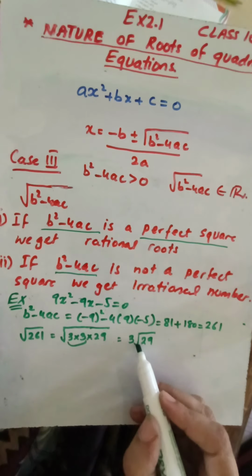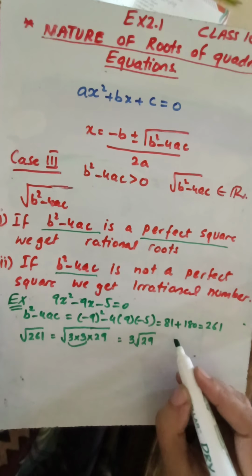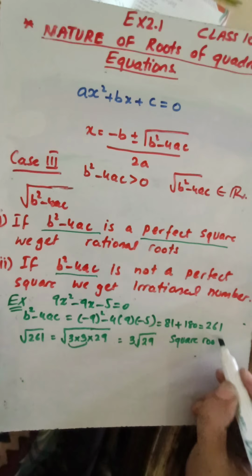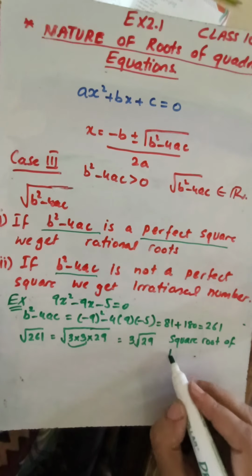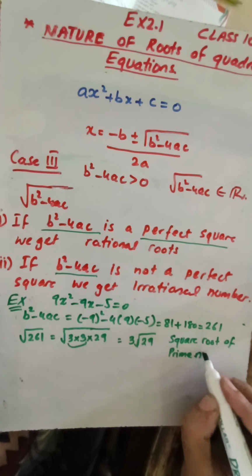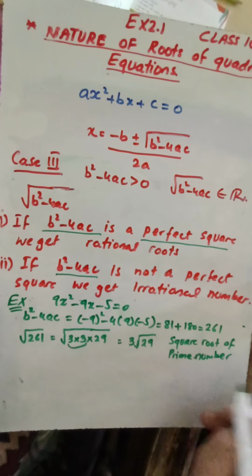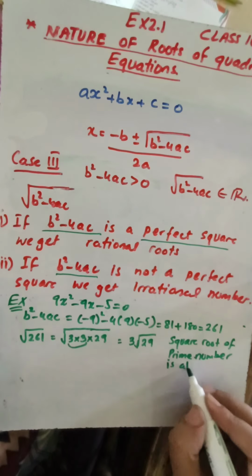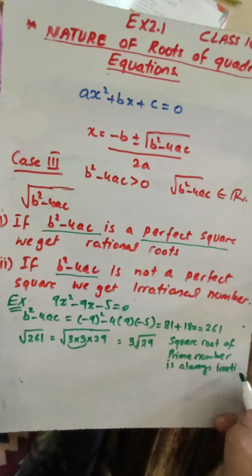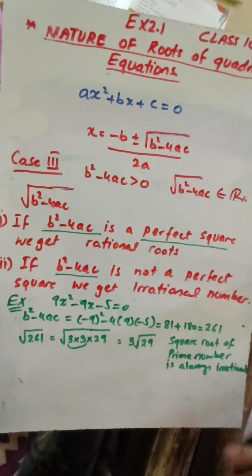As it is left under the radical sign, we know that the square root of a prime number is always irrational. This you have learnt in class 9. The square root of a prime number is always irrational. You just need to use it over here. You don't need to prove it.